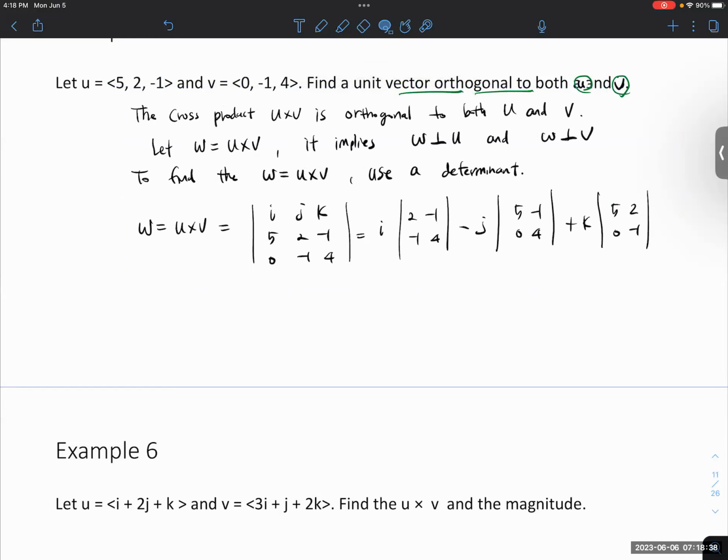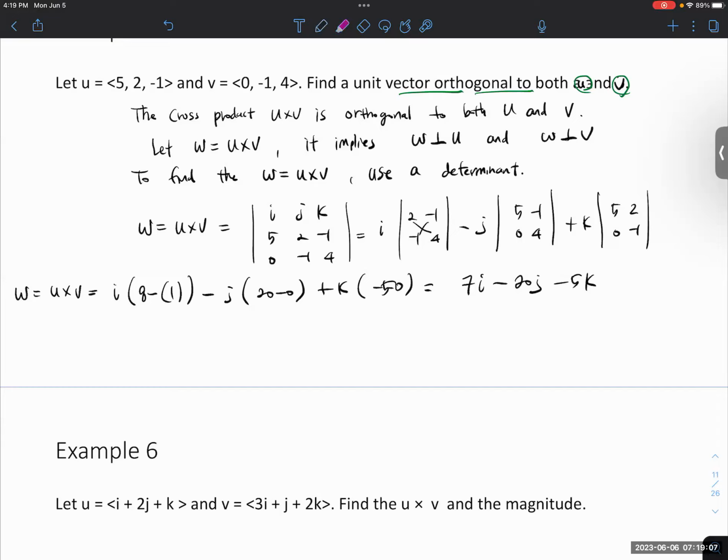Now we can find W, which is U times V: I times 8 minus 1, so 8 times minus 1, minus J, 20 minus 0, K, minus 5 minus 0. Basically you're going to get 7I minus 20J minus 5K. So this number, 7, -20, and -5, that's the W vector.